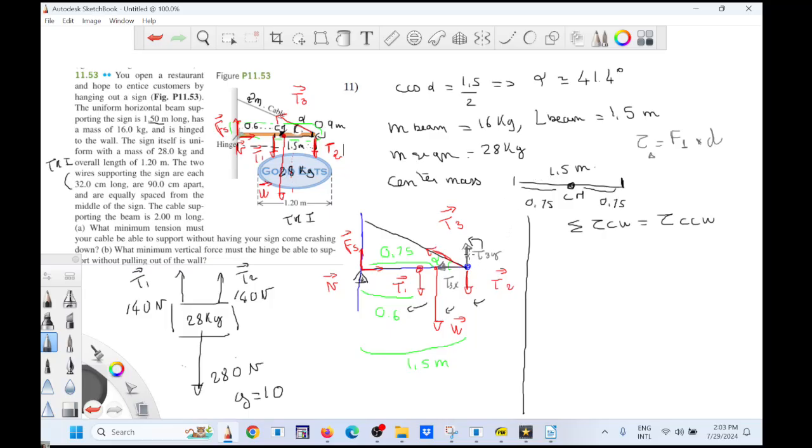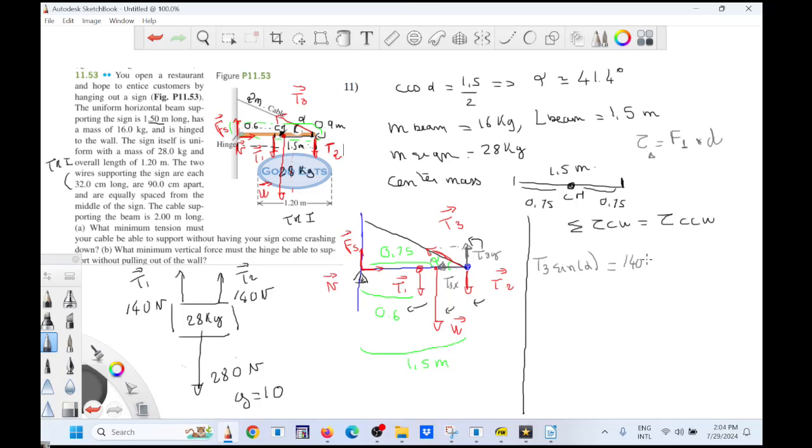So T3Y is the Y component, and it's T3 sine, okay, because you see it's a rectangle here. So that component will be sine alpha times T3 equals, and then here you have T2, which is 140.